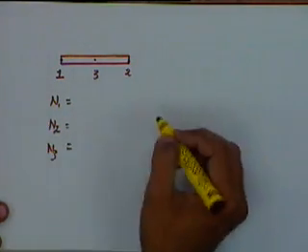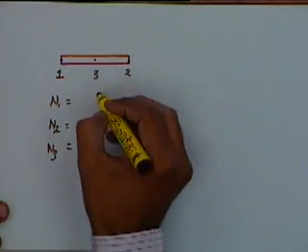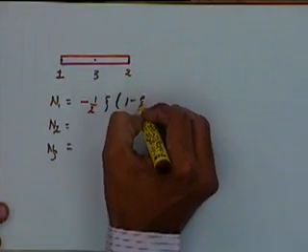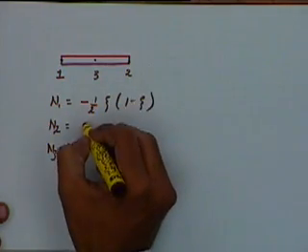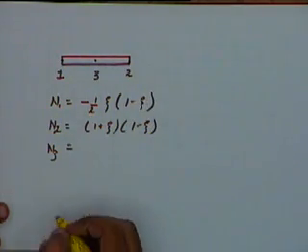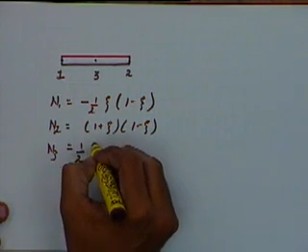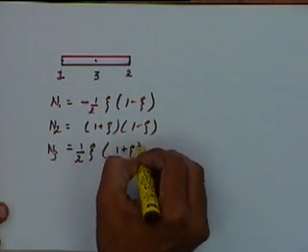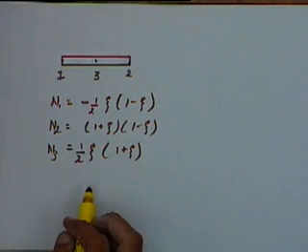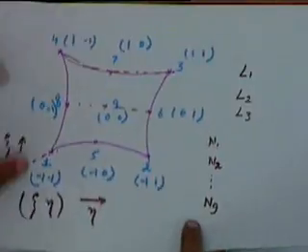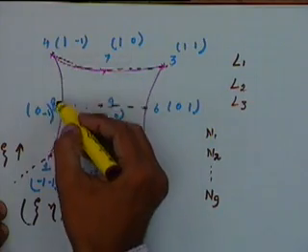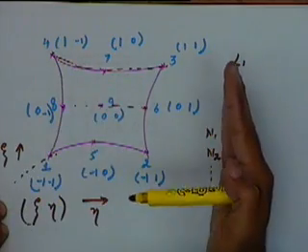For N1 we had minus half of zeta into 1 minus zeta, N2 we said would be 1 plus zeta into 1 minus zeta, and N3 would be half of zeta into 1 plus zeta. Now we can look upon this element as just an extension of a one dimensional 3 noded element in the second direction.